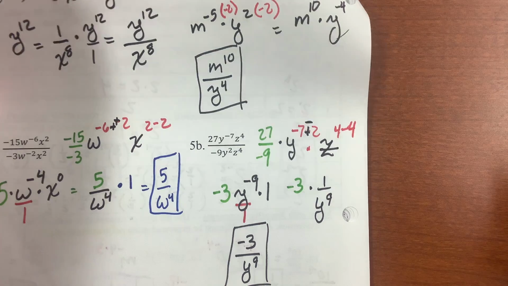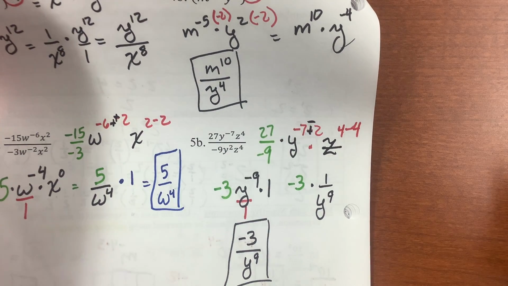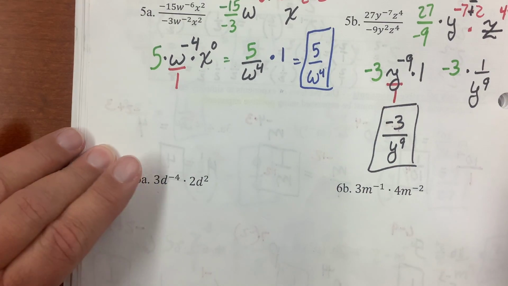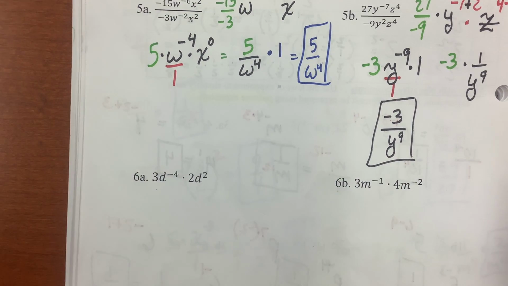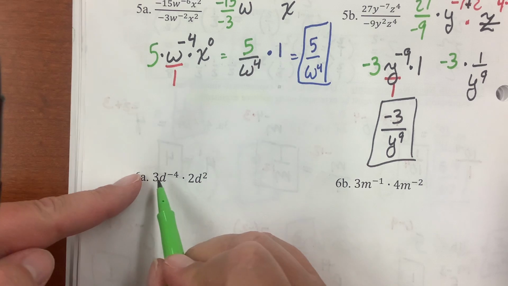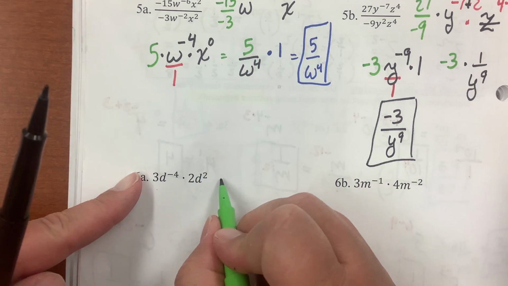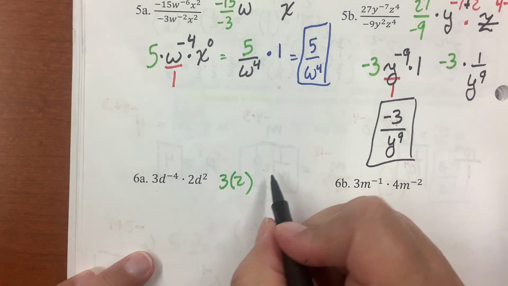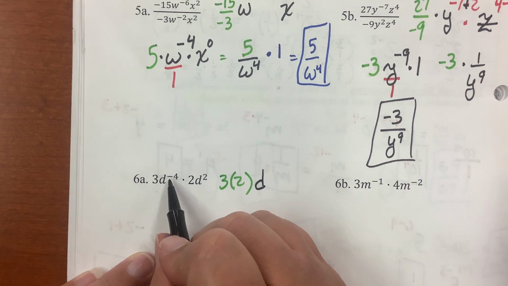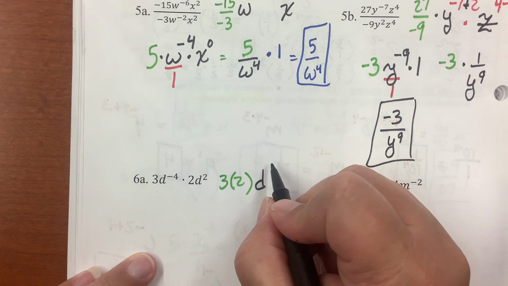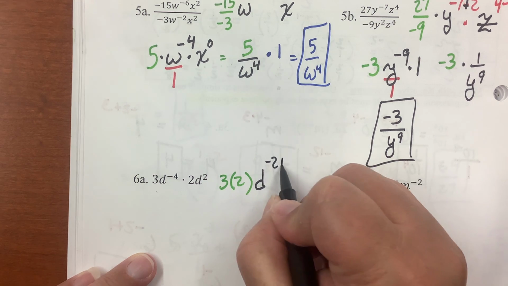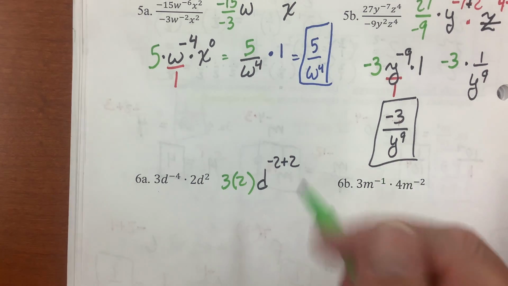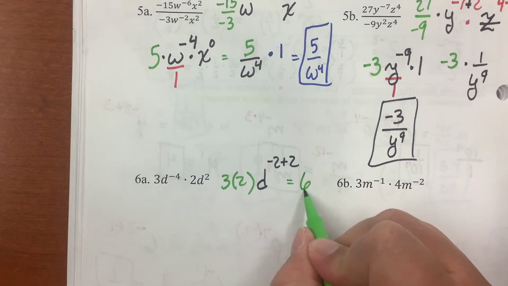Okay. Those were hard problems. It gets a little easier. For this one, I'm going to separate out the coefficients. 3 times 2. Keep the base d. Negative 4 plus 2. 3 times 2, 6.